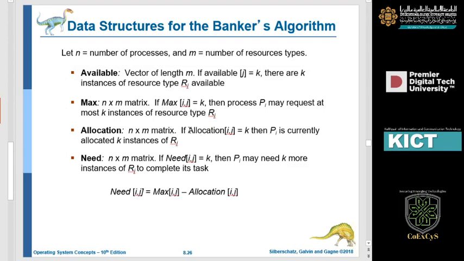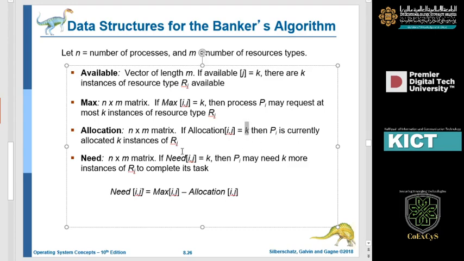If we have Allocation[i][j] equals k, then process Pi is currently allocated k instances of resource j. This means the process currently holds that resource, as much as k.